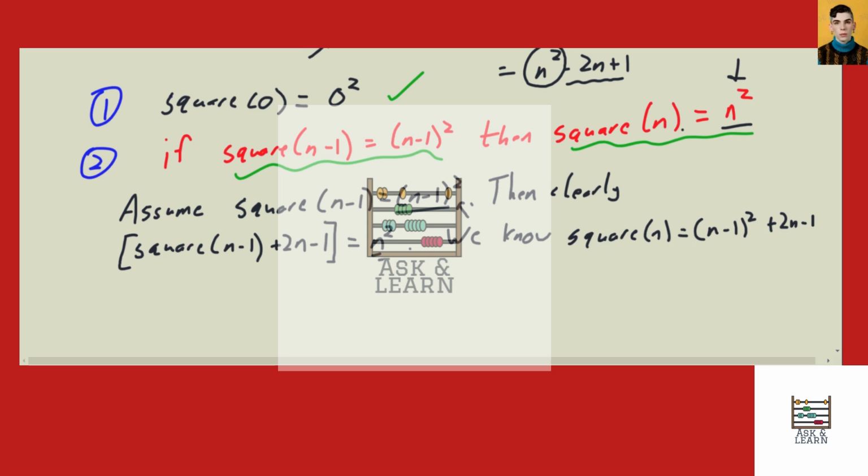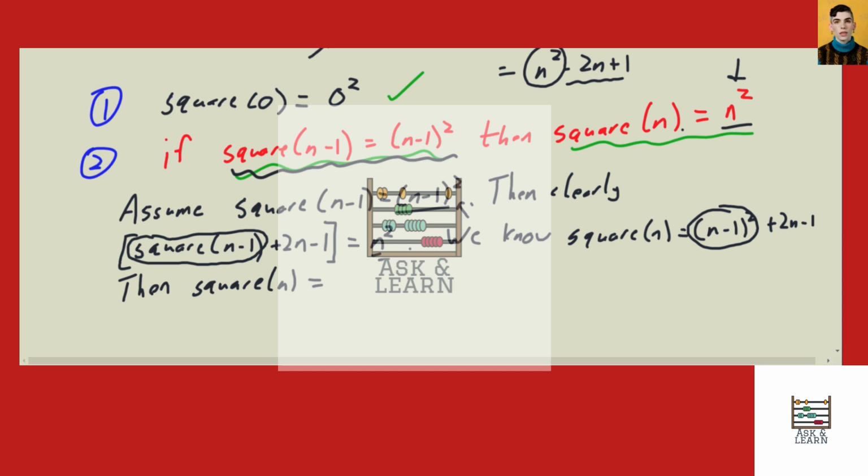So we can say then square n equals, so this right here is the same as this right here by this statement here that we're taking for granted, equals square n minus 1 plus 2n minus 1 as wanted.